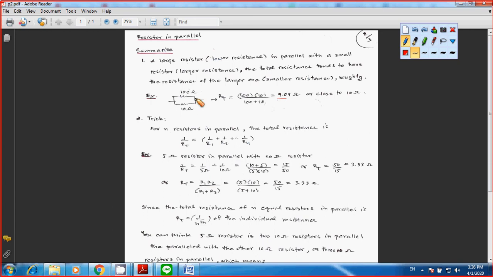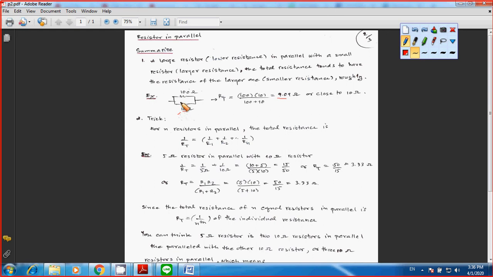That means it's close to 10 ohms, or the smaller resistance. From this point, I just want to point out that when you have a larger resistance and a lower resistance connected in parallel, the net resistance tends to be closer to the lower resistance. That's the fact.